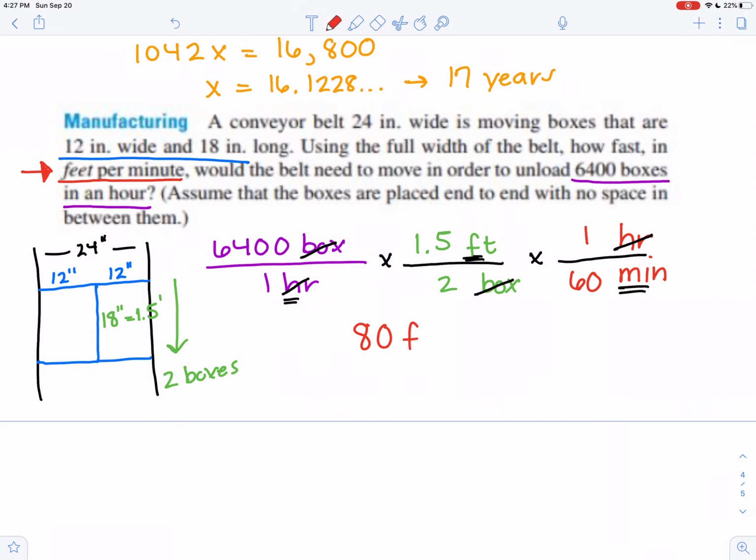And what's left on top is feet per minute, which is exactly what I was asked to find: how fast in feet per minute would the belt need to move in order to unload 6,400 boxes in 1 hour? So we started with that rate, 6,400 boxes in 1 hour, and used the dimensions of the box and the number of minutes in an hour to convert that to a speed in feet per minute.